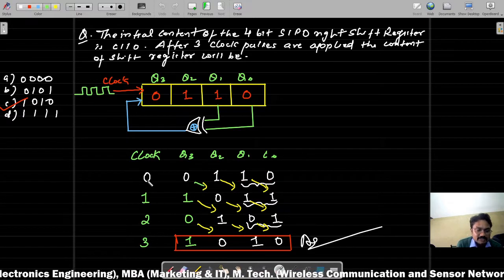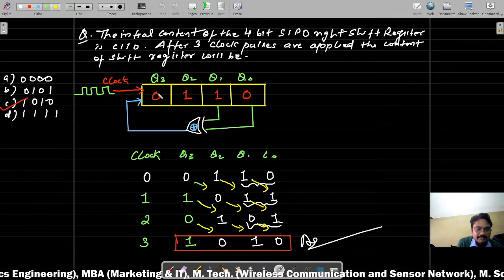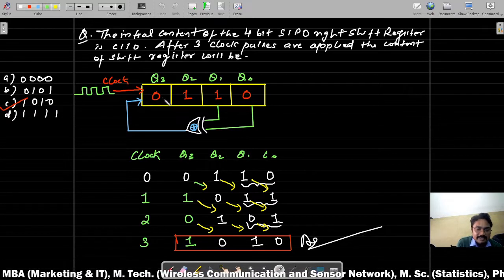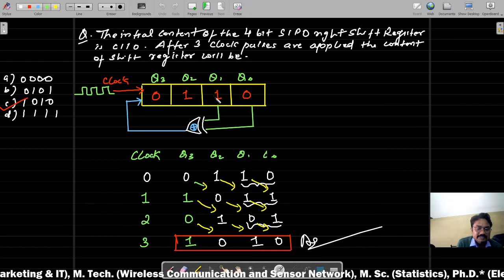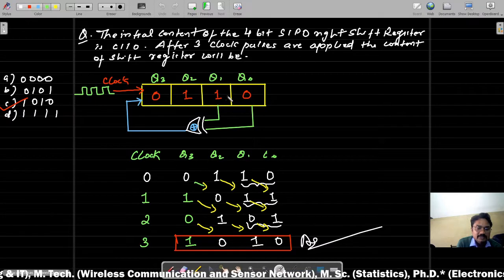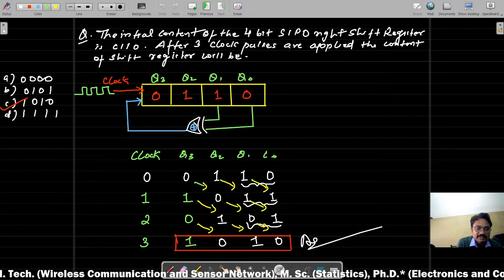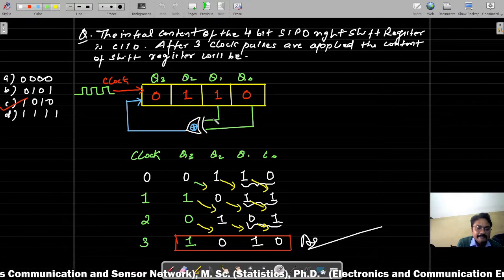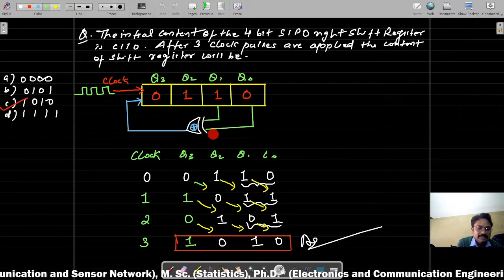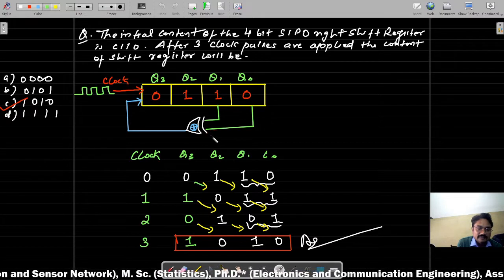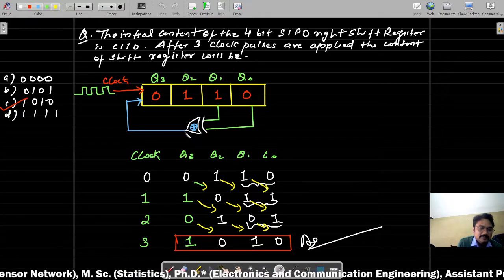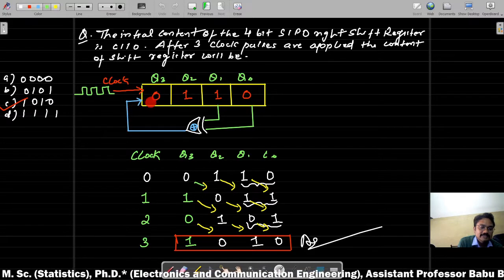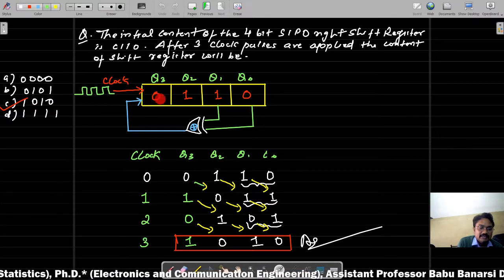When the first clock pulse comes in, the data will be shifted by one position. At the same time, the input of this XOR gate also changes, and based on that shifting and input change, the gate output will also change, and that information will update the first flip-flop, Q3.